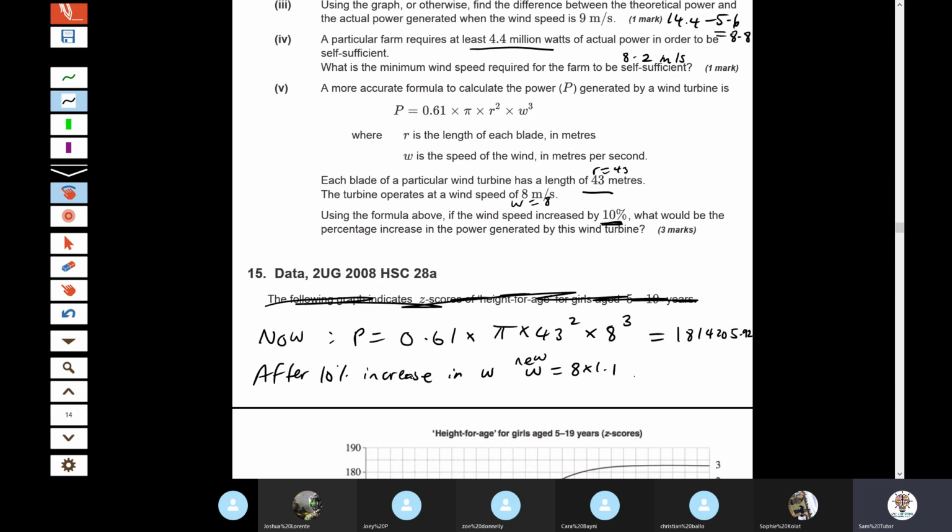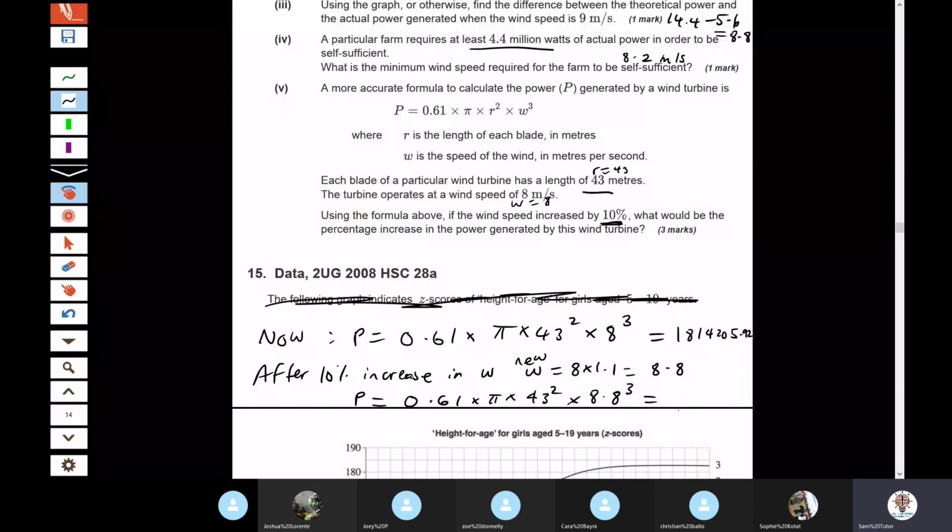You've got to increase it by 10%. So 8 times 1.1 is 8.8. So if wind speed was 8.8, what would be my power? Well, write the whole equation again. 0.61 times pi times 43 squared times, instead of 8, you're going to write 8.8 cubed. Plug it all into your calculator.